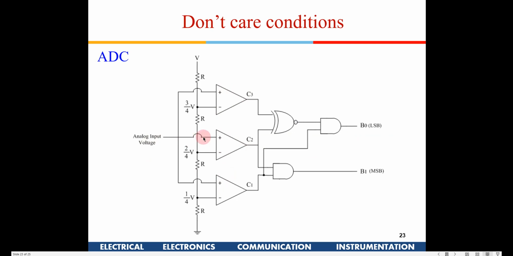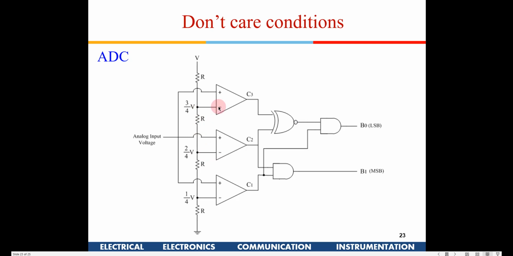Now this is an A to D converter, where you give an analog input, the same analog input, to 3 comparators. This comparator will check, and if the analog signal is more than this, you will get a 1 here, and if the signal is slightly more, you will get 1 here, 1 here. Say you are giving 1/4 of the voltage to this negative terminal, 2/4 of the total voltage to the negative of this comparator, and 3/4 to this negative.